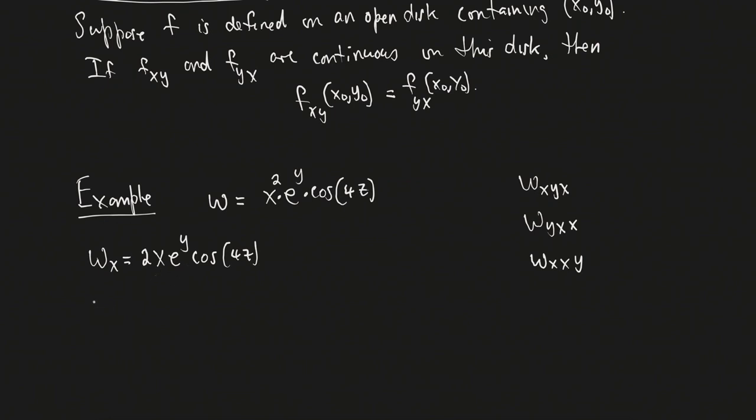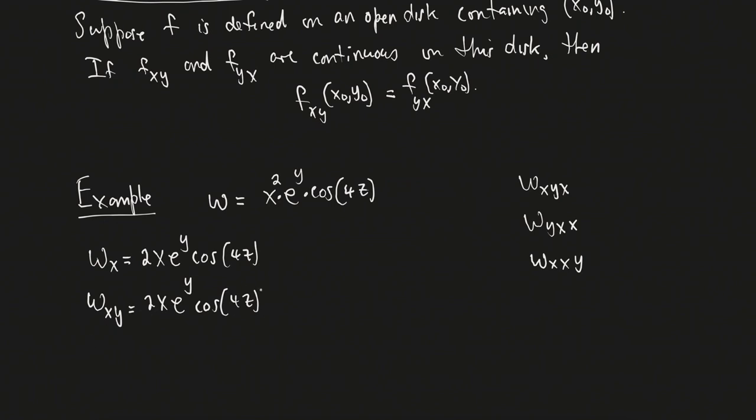That's part of the reason why I made this one big product. So if I now do w_xy, the 2x comes down, the derivative of e to the y is still e to the y, and the cosine of 4z also comes down. In fact, there is no z over here, so we will always be treating the cosine of 4z as a constant.